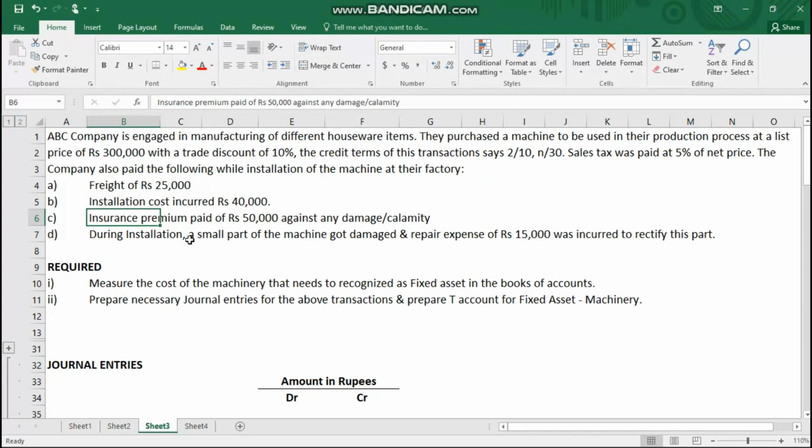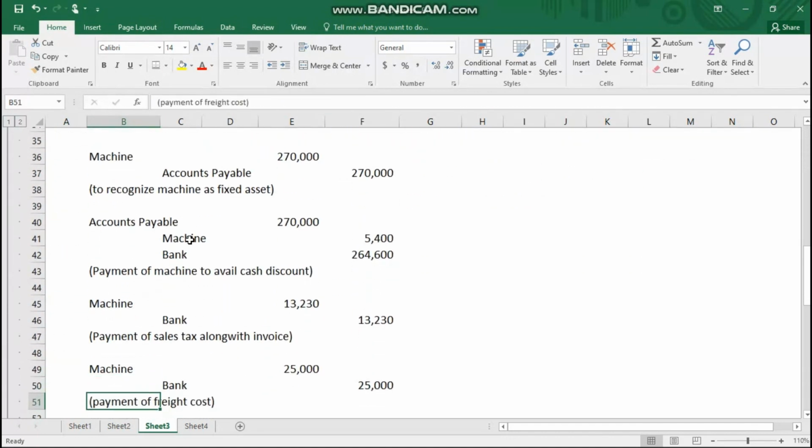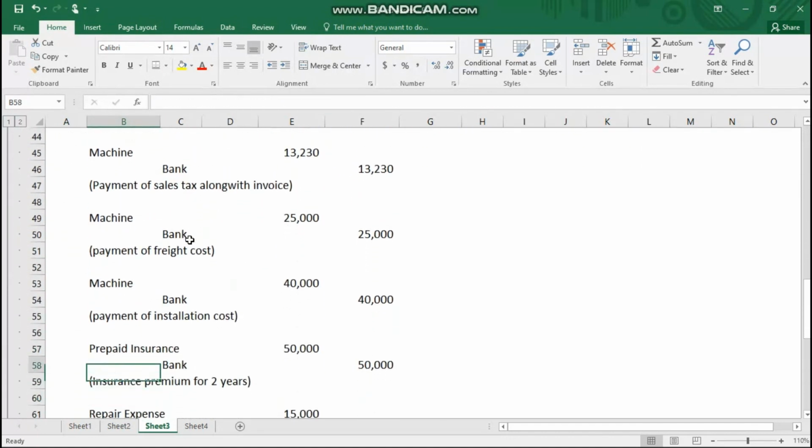So what I am assuming is that this is for 1 year, and since we are just recognizing the machinery as an asset, it will cover a period of 1 year. So that's why I am recognizing this amount as prepaid insurance, and over the period of 1 year this amount will be expensed out in my profit and loss account.